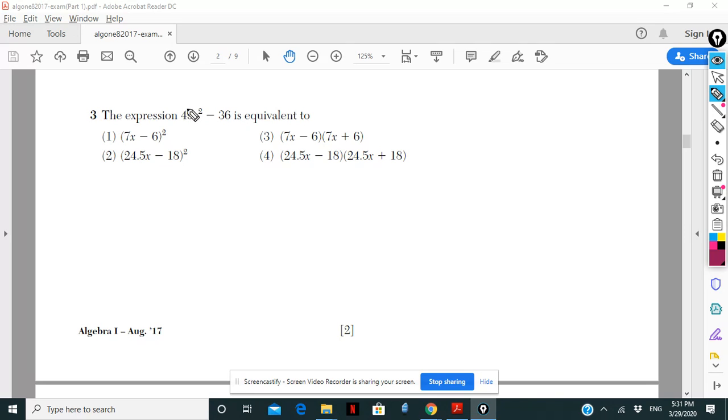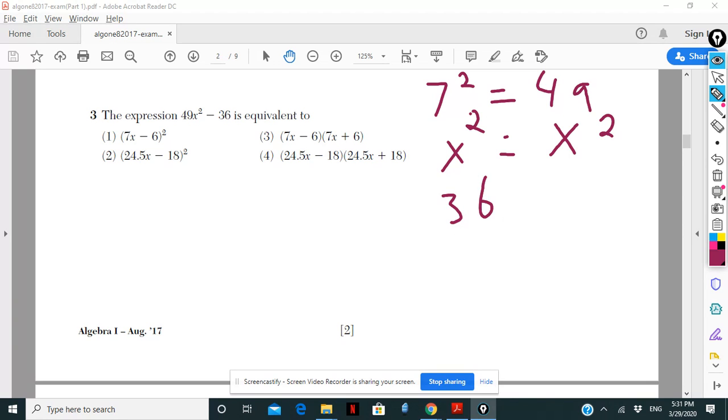So 49 is a perfect square: 7² is 49, x² is x squared, and 36 comes from 6².